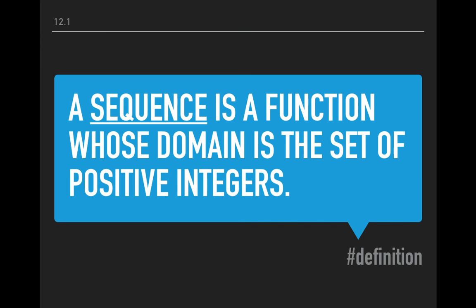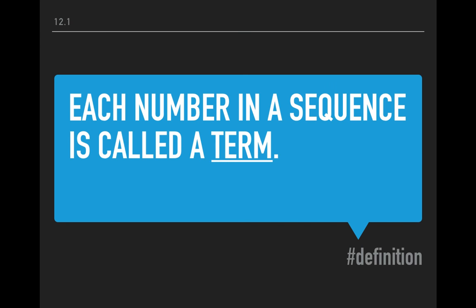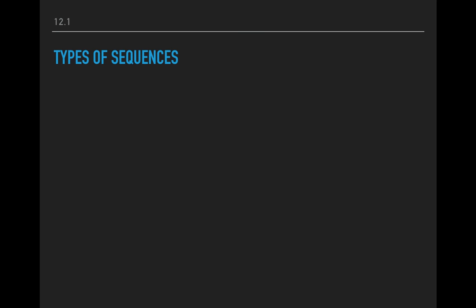That is what a sequence is. And in a sequence, each number in that sequence is called a term. So the outputs, if you're at position 1, the value of that number or whatever you're working with in the sequence is called a term.